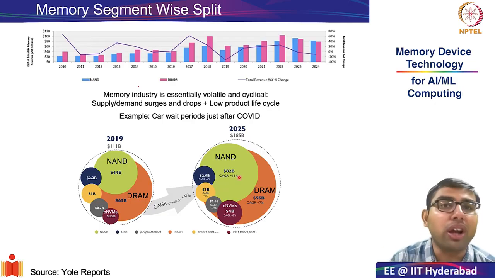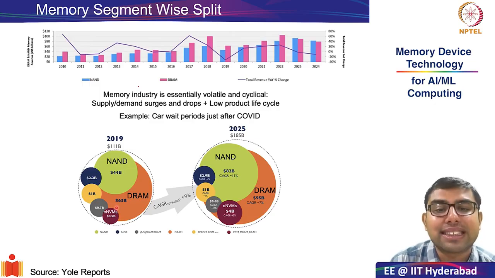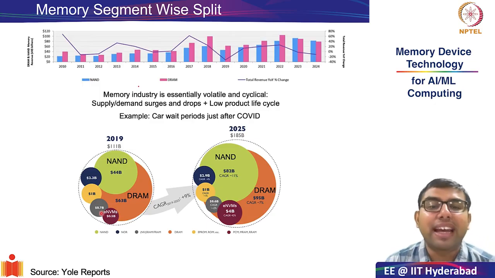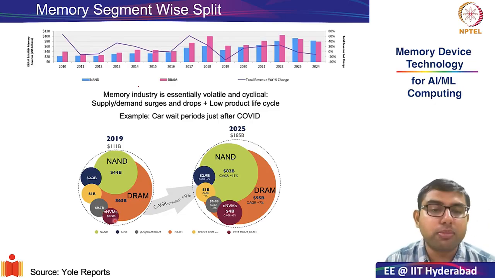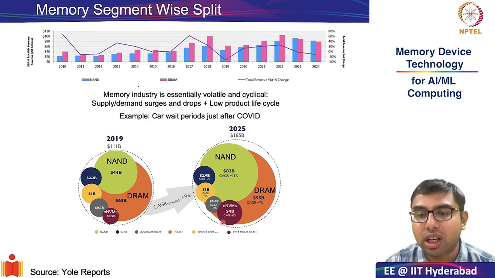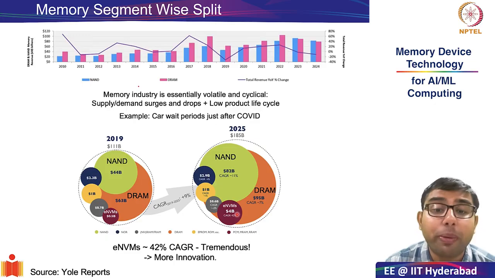But something that I want to now point your attention to is the growth in the section of electronic non-volatile memories, ENVMs, which grew from $0.5 billion to $4 billion at a rate of 42%.